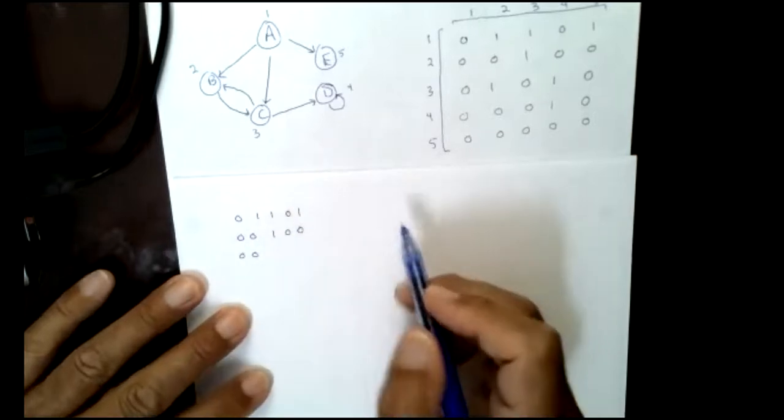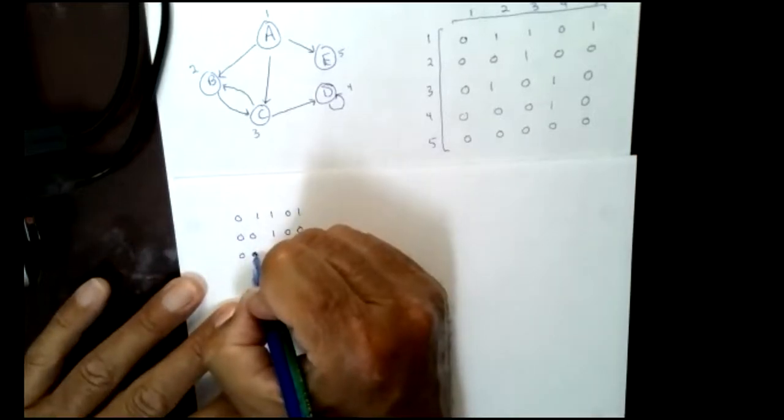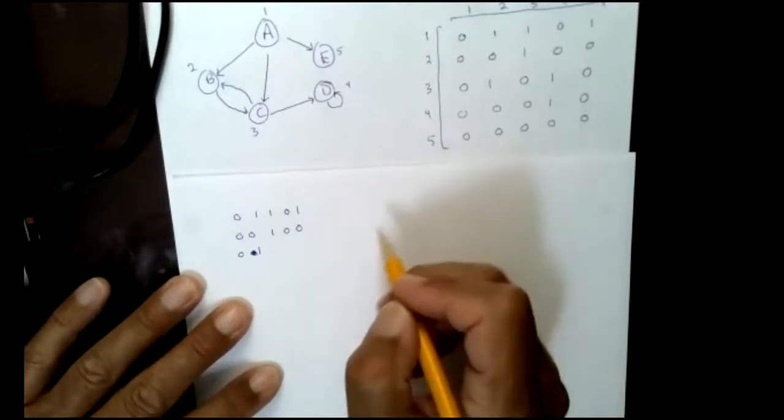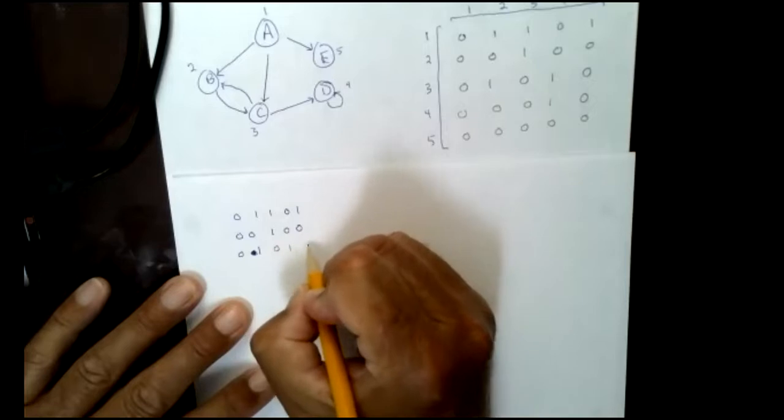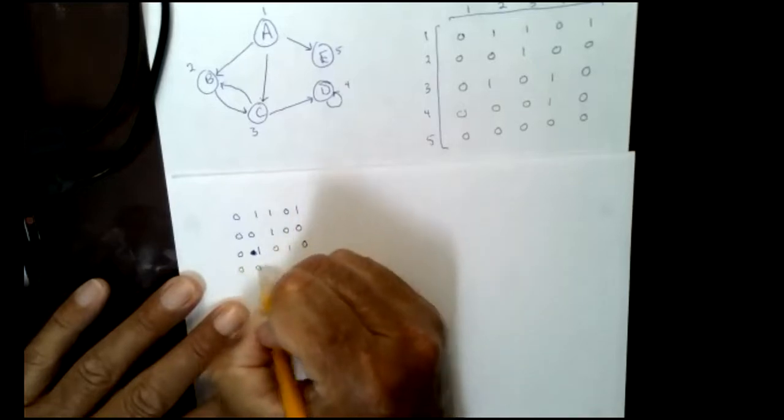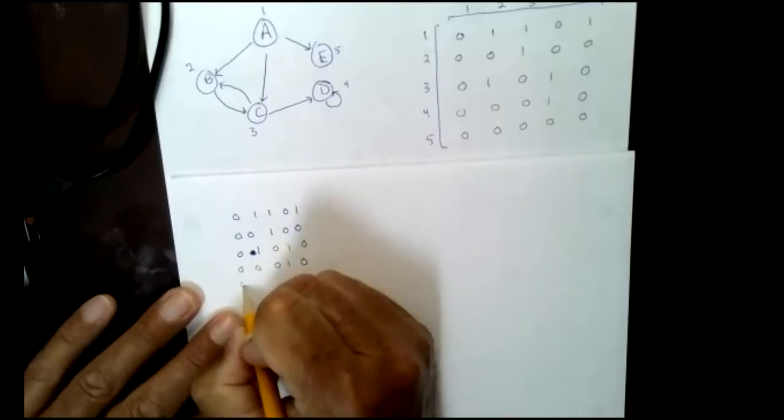Oh, where am I at, row 3? This should be a 1. Get the pencil out. Somebody needs to tell me to get the pencil out. 0, 1, 0, 1, 0. 1, 2, 3, 1, 0, and all zeros.